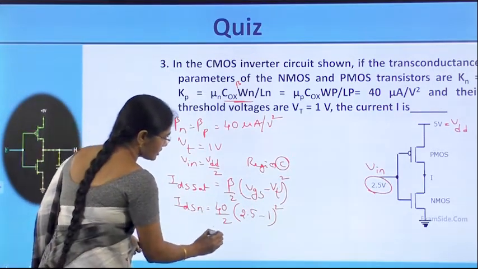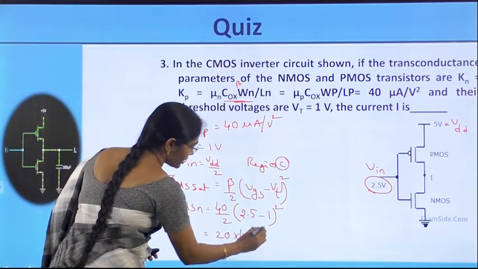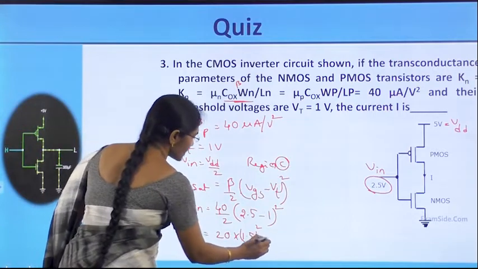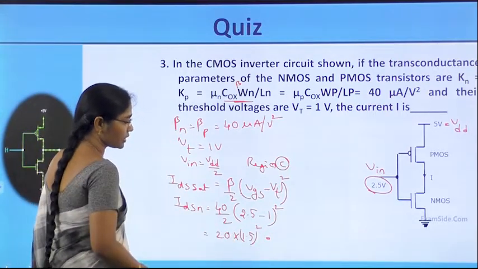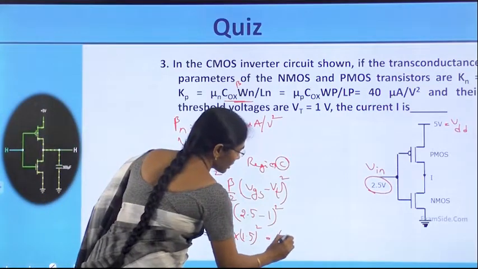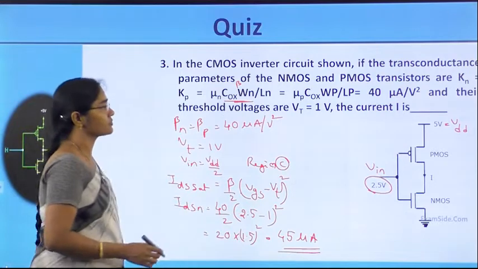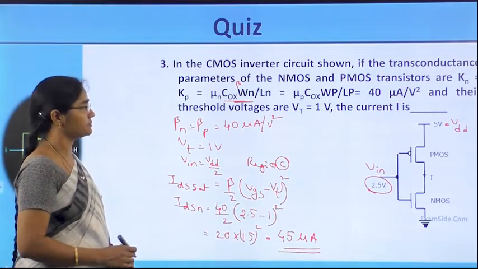So that is 20 into 1.5 square, in microamperes per volt square as already given. So the answer will be in microamperes. 20 into 1.5 whole square will be 45 microamperes. So the answer for this is 45 microamperes.